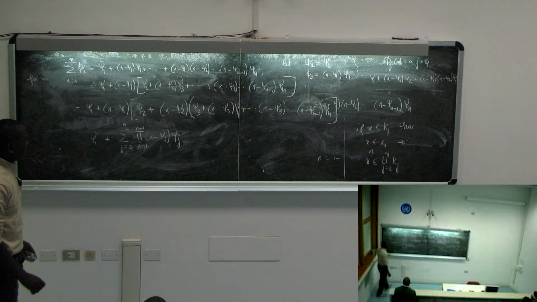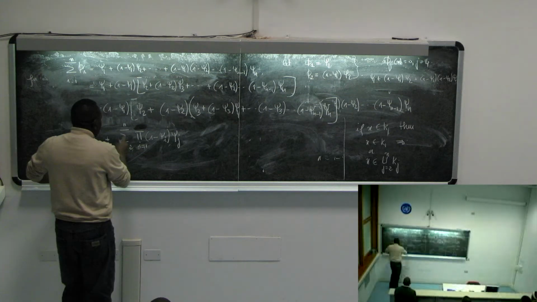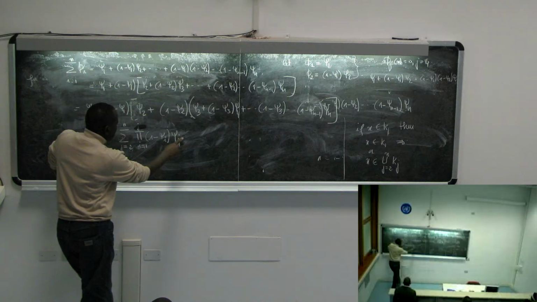I see. For j equal 2, i is equal to 1 to, no, here it is from 1 to j. This is what we have. Now for j equal 2, so for i equal 1, we have 1 minus psi 1, times psi 2.